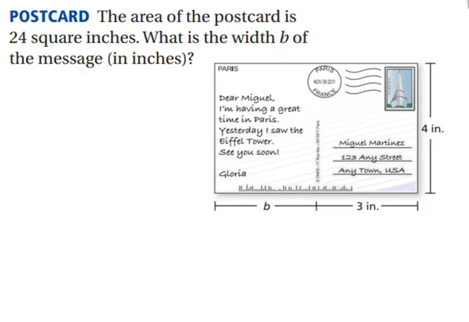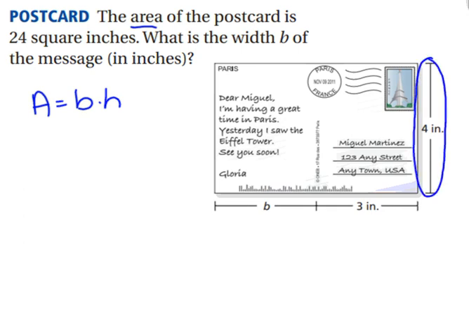All right, next one. This is actually pretty similar to one of your test questions for this unit. It says the area is 24 square inches. So this is a rectangle, and the area of a rectangle is just base times height. So I'm going to multiply my height times my base.